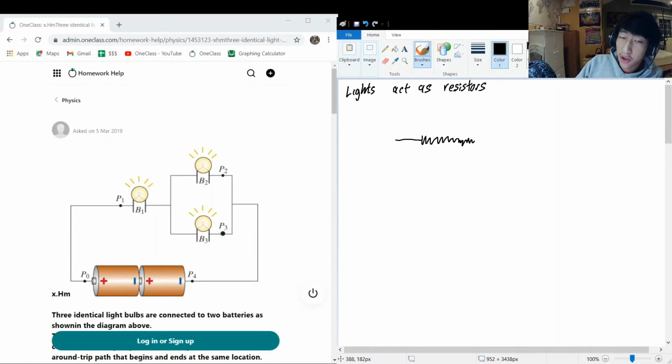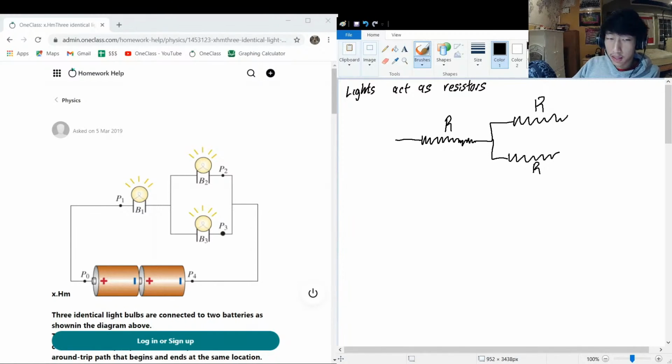Since they're identical, we can give them resistor values of capital R and treat that R as the same for any one. We have 2 of them in parallel, and those 2 in parallel are in series with another one, like this. And we have 2 batteries like this. I like drawing batteries like this.